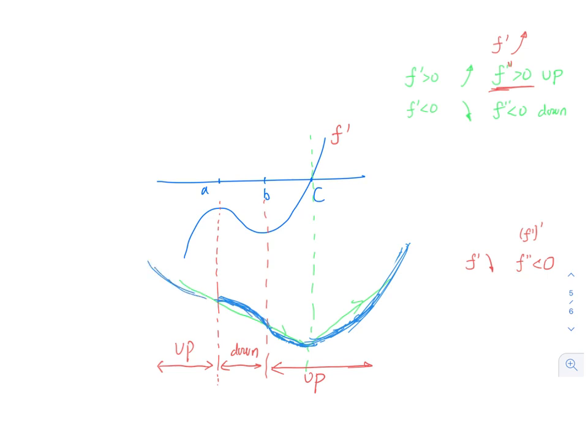Here, concave up. So this is a possible graph of f. Make sure it is decreasing all the way to this point. This is concave up and then down and then up, and then increasing from this point on, concave up.